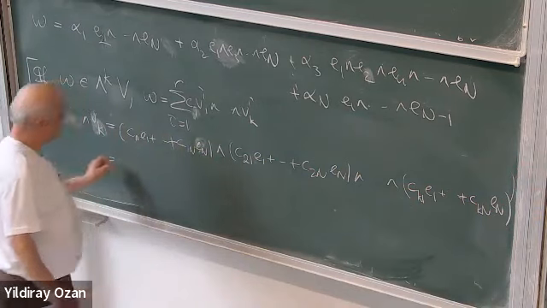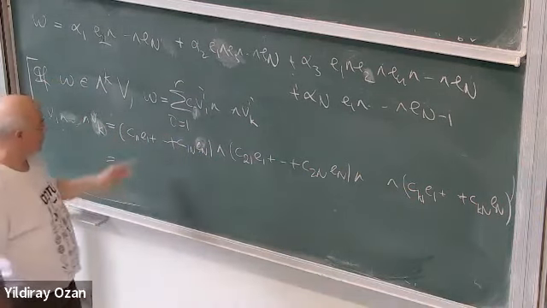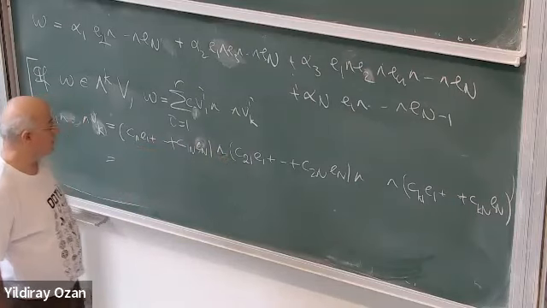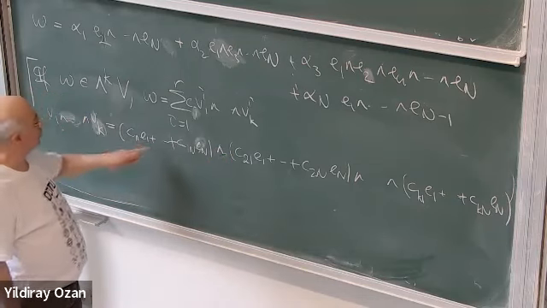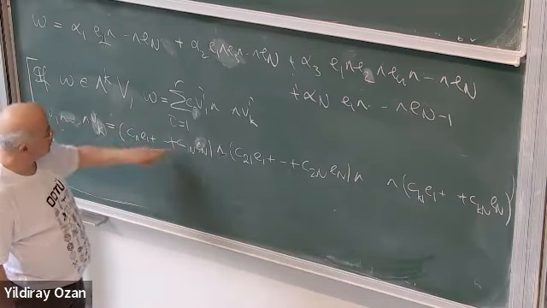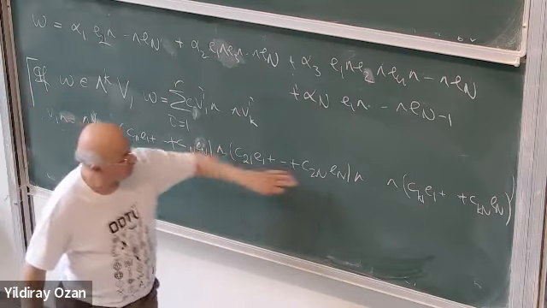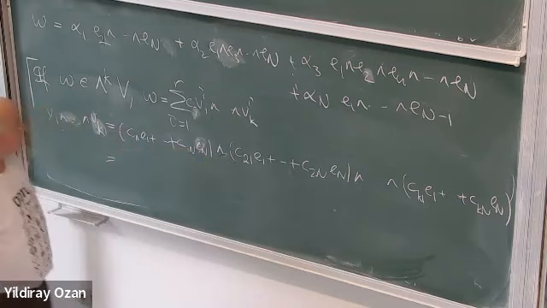And when you open this up, you see, the exterior product distributes over addition. So I can just open this parenthesis up and write this term wedge this one and so on, plus the second term wedge this one and so on.